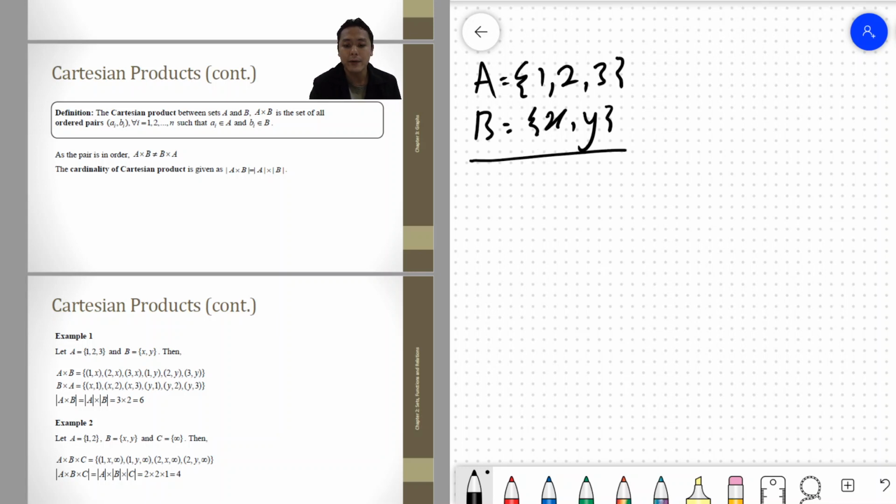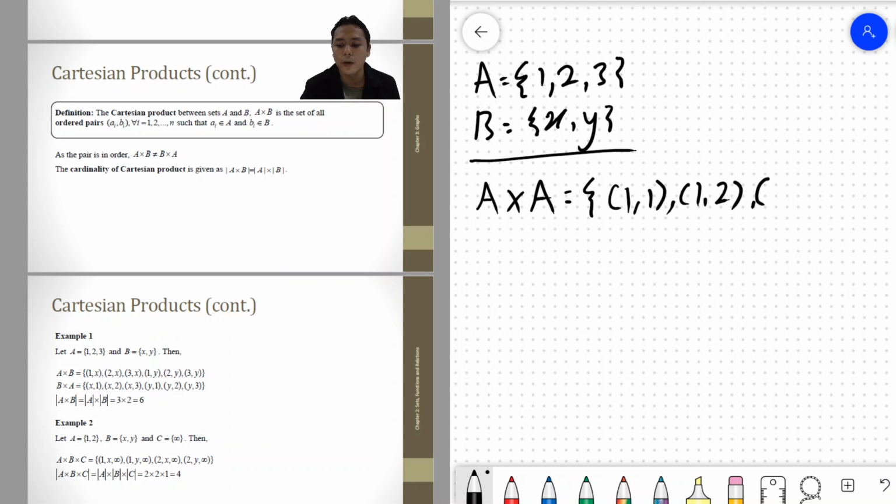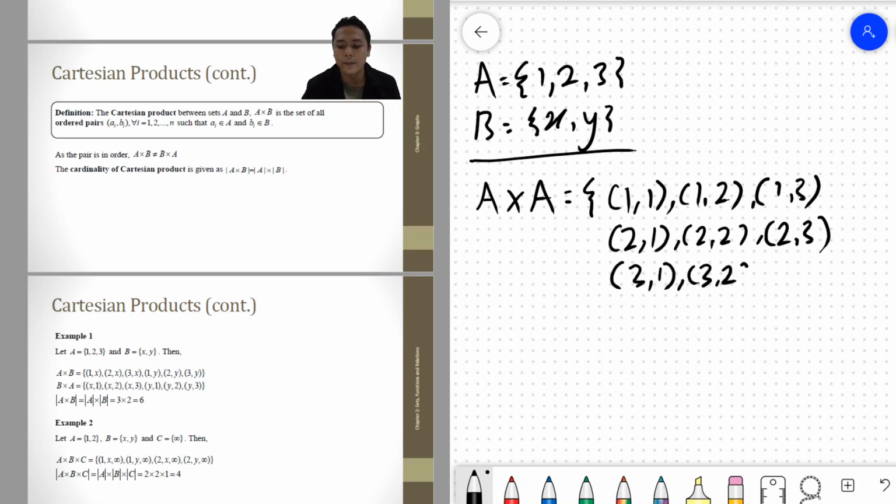My question for you right now: what is A times A? You will do the solution on your own. (1, 1), (1, 2), (1, 3), (2, 1), (2, 2), (2, 3), (3, 1), (3, 2), and (3, 2).